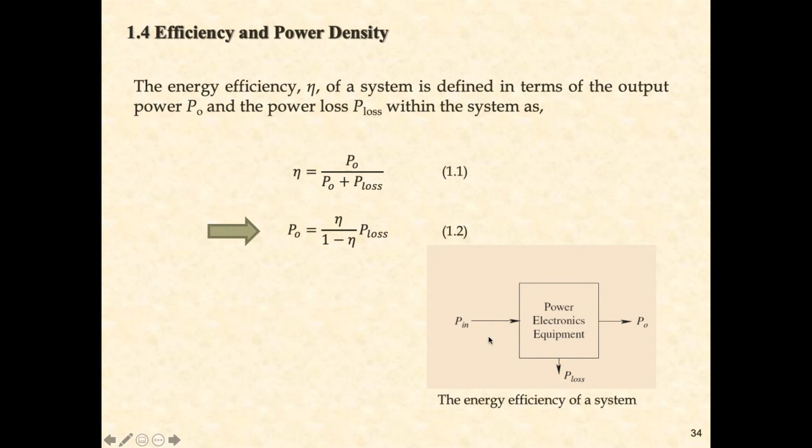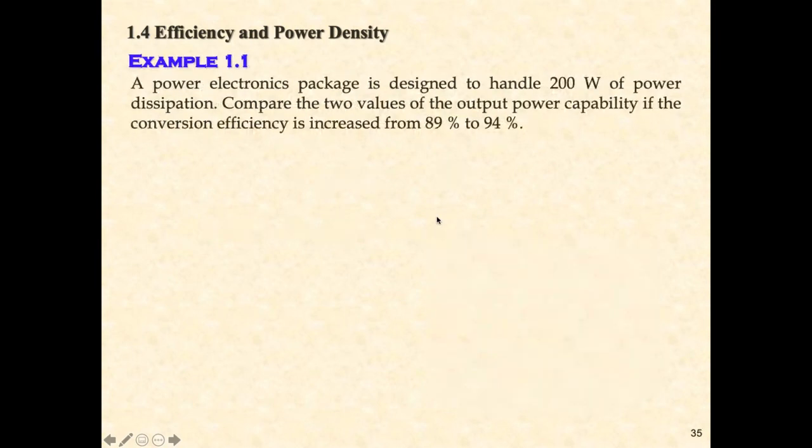We can use these three terms to determine our efficiency. The symbol is eta. So eta is equal to P_o over P_in, but P_in can be expanded as the summation of P_o and P_loss. Then we arrange the terms so that we have equation 1.2.